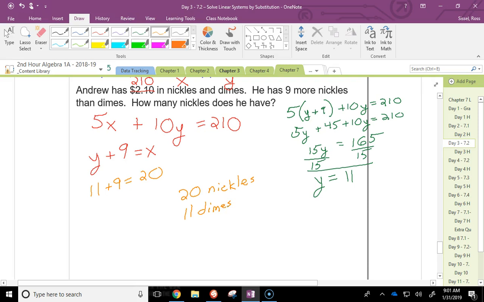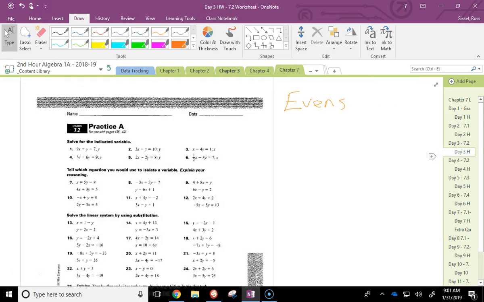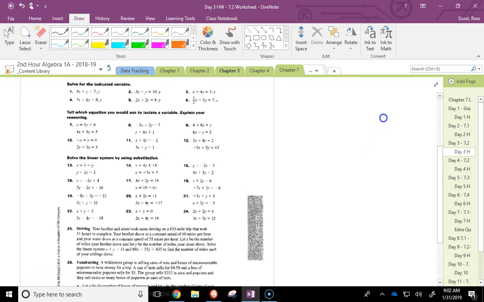Okay, I went through the process fast. I just want to make sure we set it up right. Your homework, we are going to stick with 7.2, I gave it to you on Tuesday. We did evens, so let's finish up and we'll do our odds.